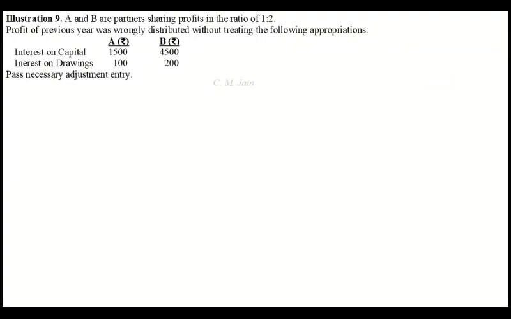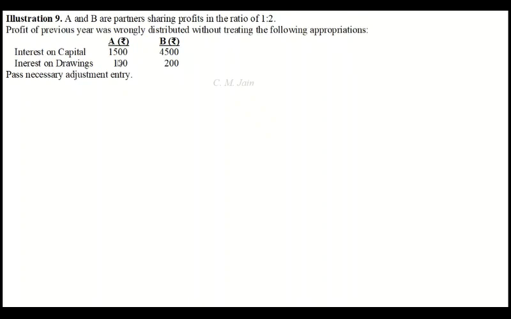Let's do this illustration related to past adjustments. Write down the question. A and B are partners sharing profits in the ratio of 1:2. Profit of previous year was wrongly distributed without treating the following appropriations.